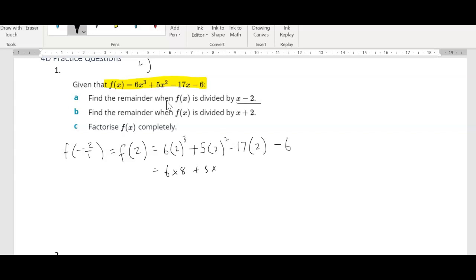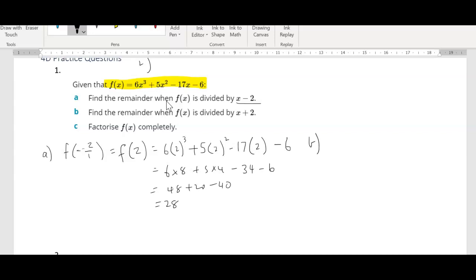Let's quickly do this. 17 times 2 is 34, minus 6. 6 times 8 is 48, plus 20, minus 34. So 28 minus 40 is 8, plus 20 gives you 28. Now you can easily do this in your calculator, but you should be able to do it by hand. There's nothing too complicated about that.